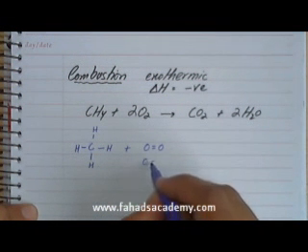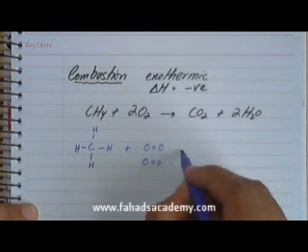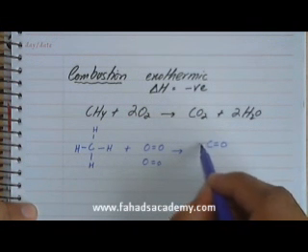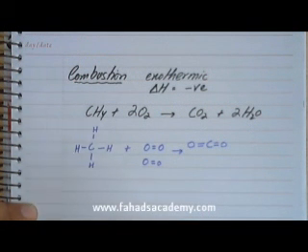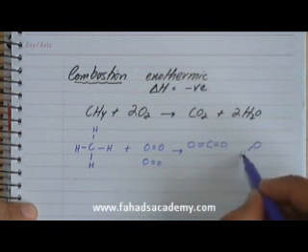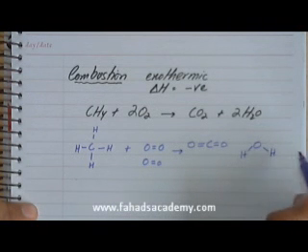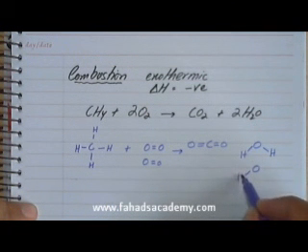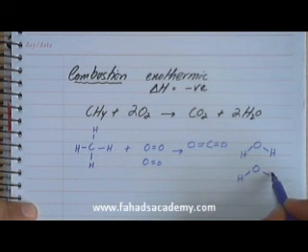These 2 molecules of oxygen end up producing carbon dioxide, where 1 carbon is bonded to 2 oxygen atoms, and 2 water molecules. A water molecule is one in which oxygen is bonded to 2 hydrogen atoms, and there are 2 water molecules formed.